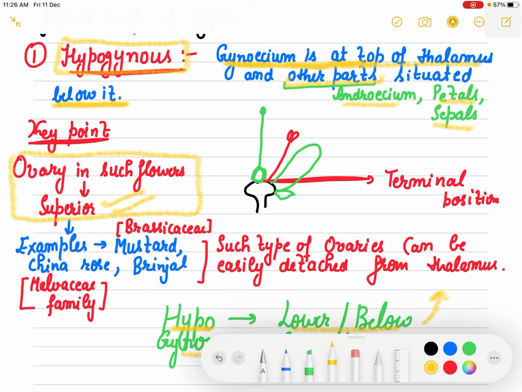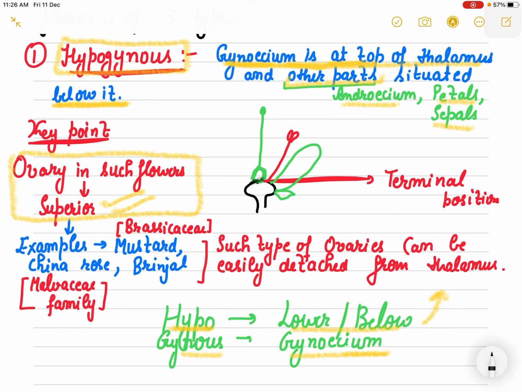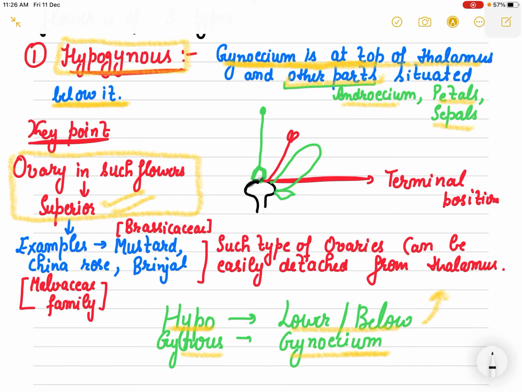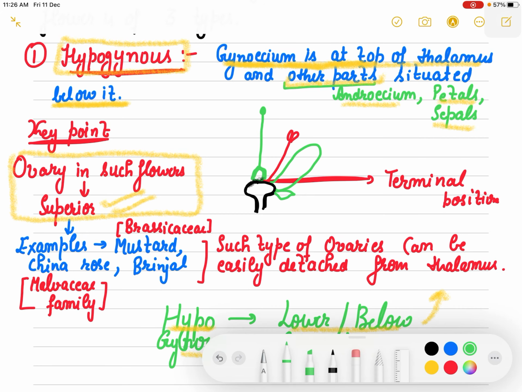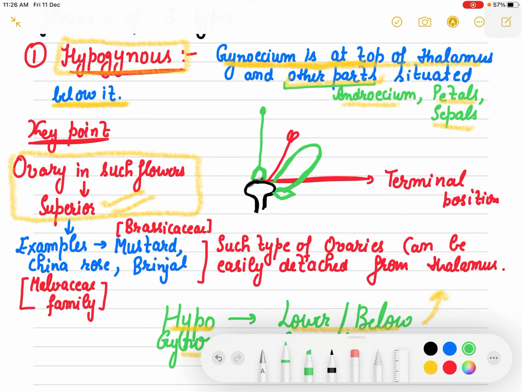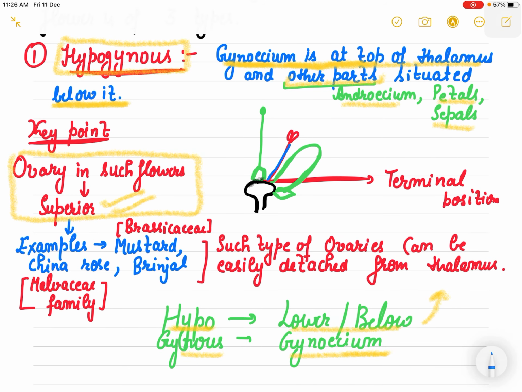So if we have to draw this kind of arrangement, right? If we have to draw, this is our thalamus, right? On the thalamus, now what can you see? At the below level, there is the sepal, then there is your petals, then there is the male portion, right?